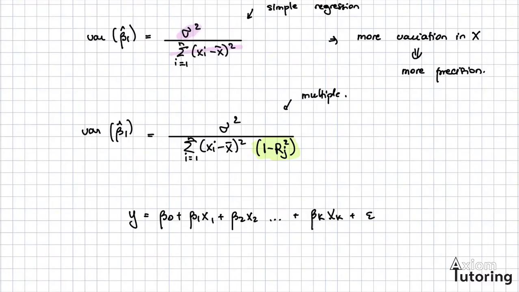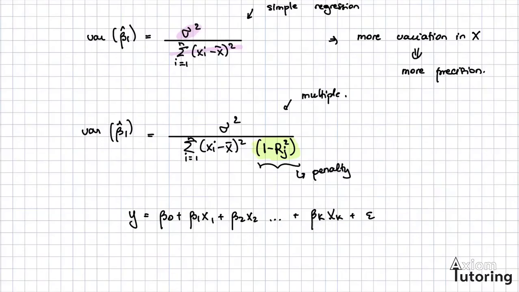And it seems like the only connection at first glance that we can get for this new term to the fact that we have a multiple regression is exactly adding more variables to the regression. The 1 minus rj squared is sort of a penalty that is being added because we are dealing with multiple regressors.